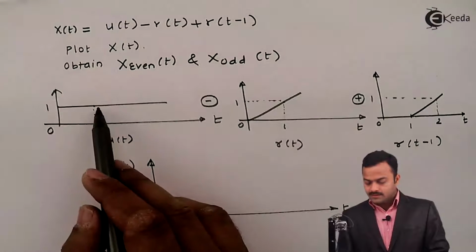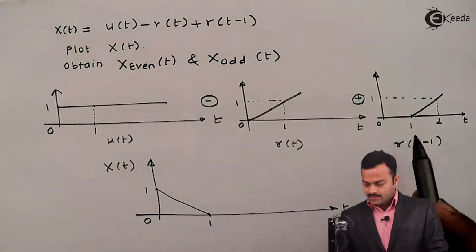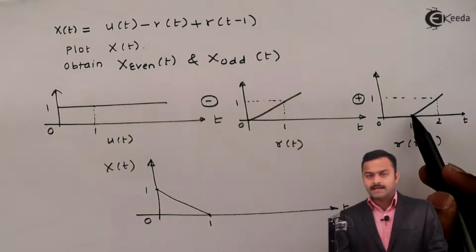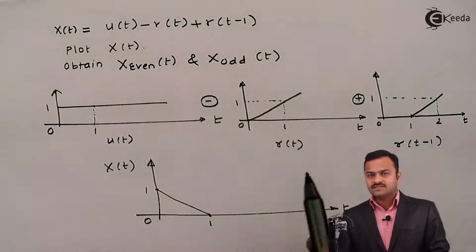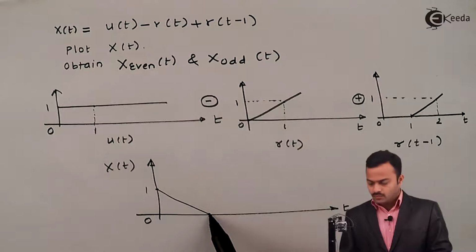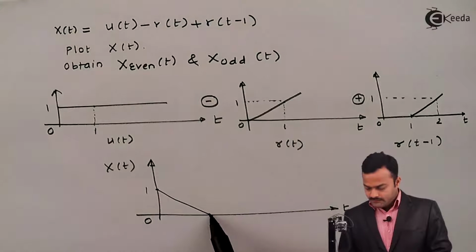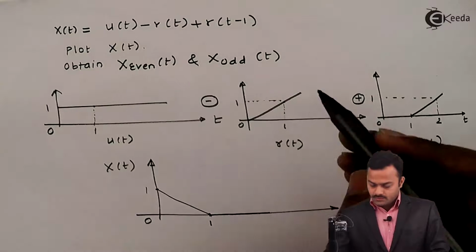Earlier the slope of this line was minus 1. One more slope will get added, which is plus 1. So in the end, minus 1 plus 1 is 0. Meaning after t equal to 1, we will get a line with 0 slope and 0 amplitude.